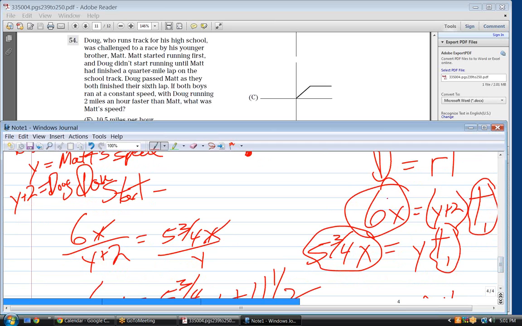The distance that Doug has to run is 6 miles. The distance that Matt has to run is 5 3/4 miles. Doesn't matter. I still now solve for t, and I still have 6 over y plus 2 equals 5 3/4 over y. And that's going to give me the same solution. In other words, it doesn't matter how long the track was. It cancels out of the problem.